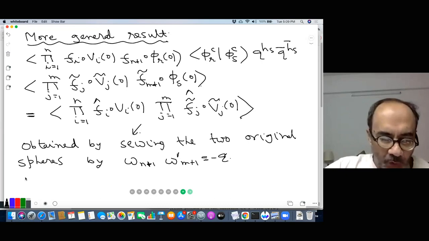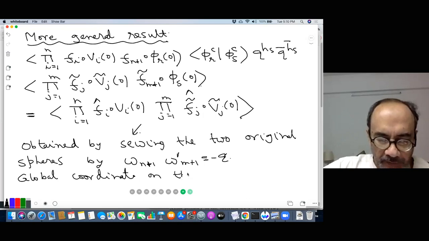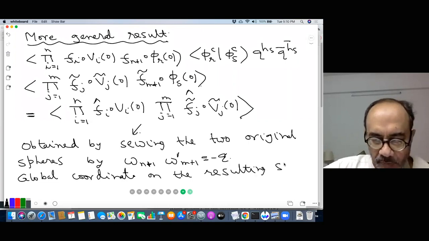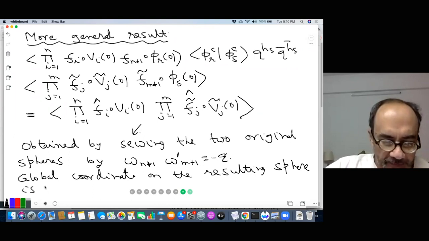The global coordinate on the resulting sphere is some z double prime, which you can construct. There are well-defined algorithms to construct this, but it's not z or z prime.